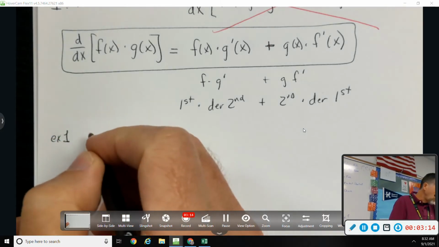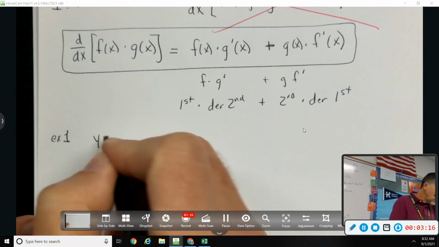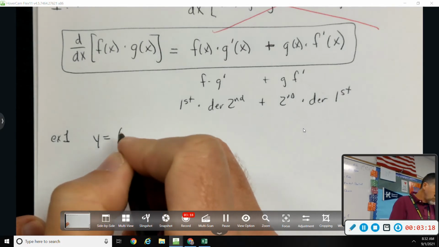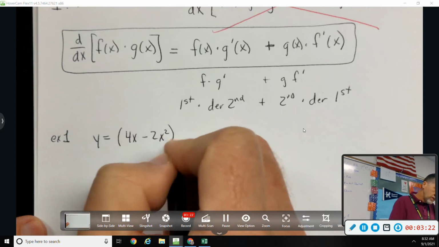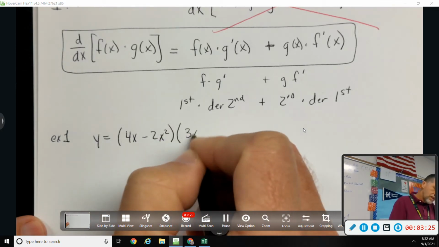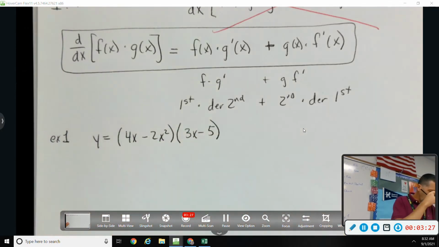Let's do some examples. So y equals 4x minus 2x squared times 3x minus 5.